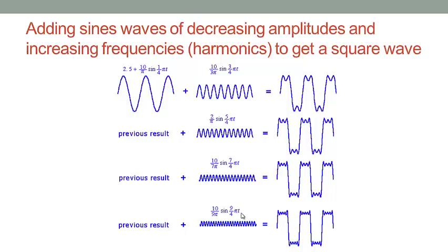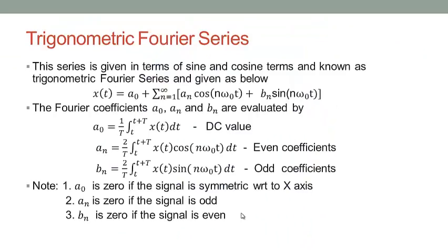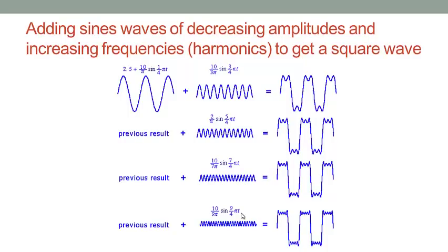So that's what is said, that you can express a square wave in terms of sine waves, as a weighted sum of harmonically related sinusoids. Now I hope you understand what is meant by a weighted sum of harmonically related sinusoids.